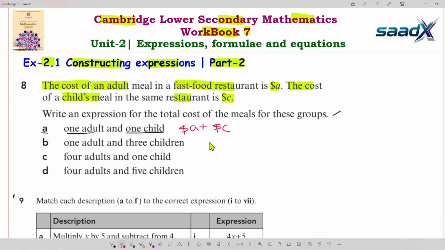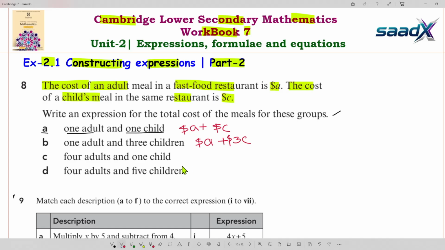Next, one adult, it will be $A, and three children, so plus three children, it means $3C.